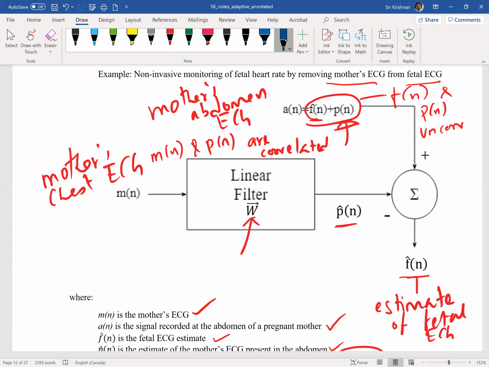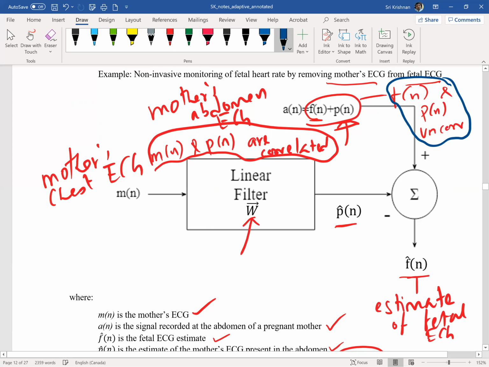Okay, that is that these two things are correlated, and these two things are uncorrelated. Because of that, when the filter goes through the update process, the filter coefficients are updated through the LMS technique.